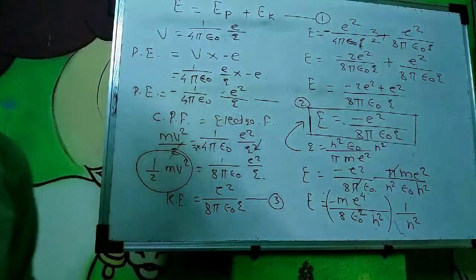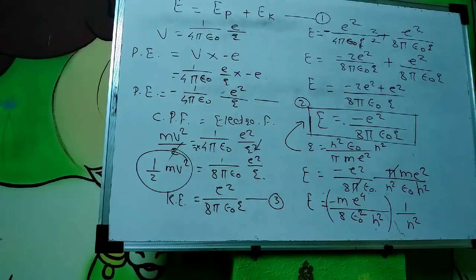So we write the changing term, the principal quantum number n square, outside the bracket. So this is the final equation for the energy of the electron.